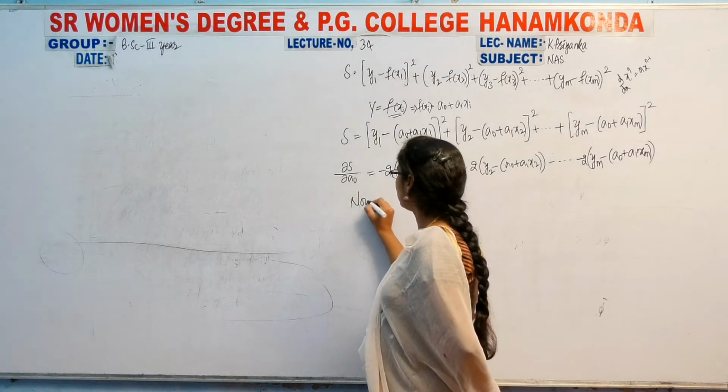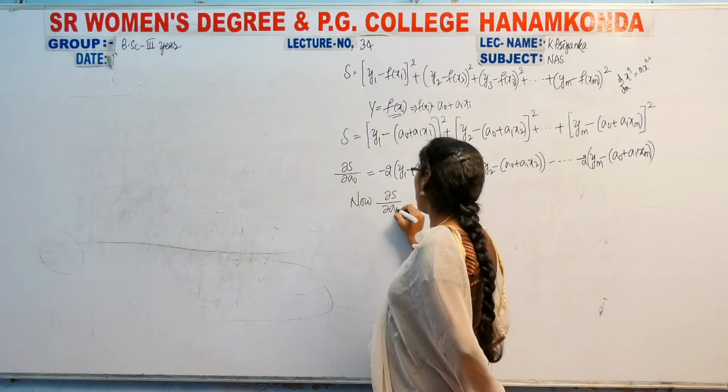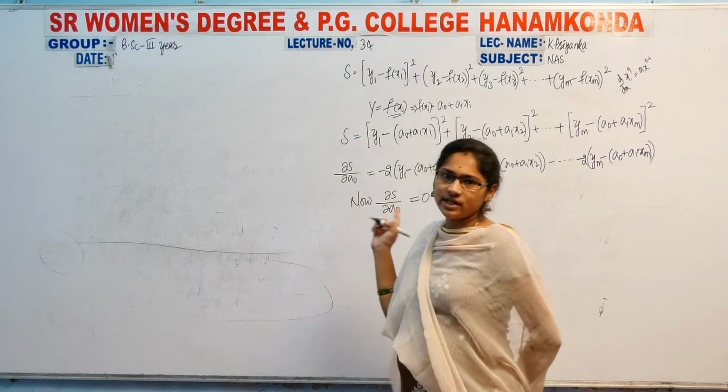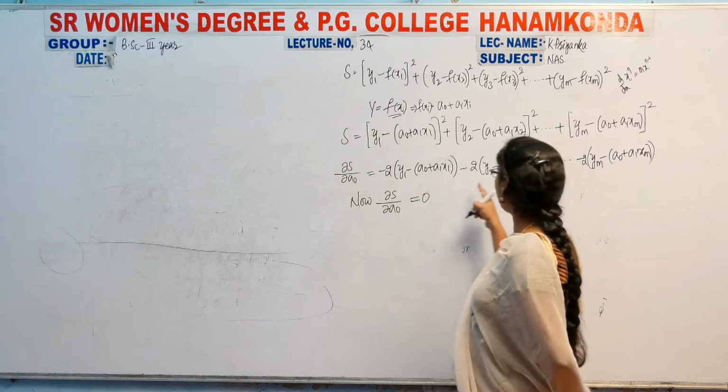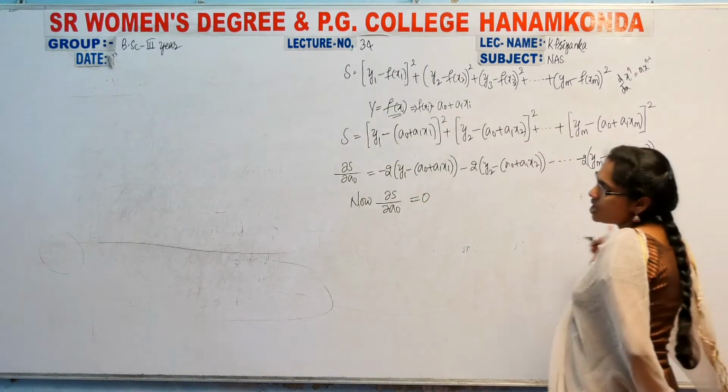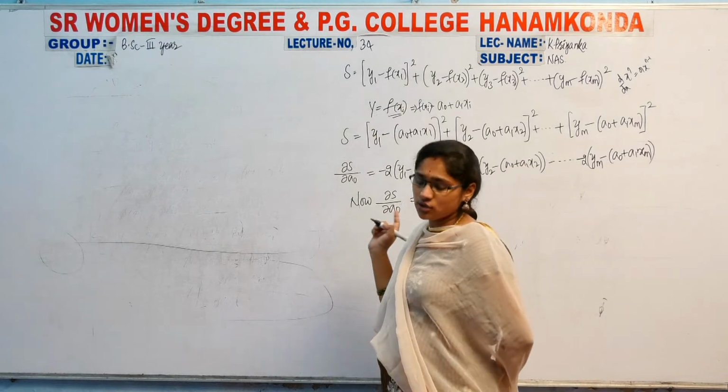Now dou s by dou a naught is equal to 0. So when it is equal to 0, from this we can take minus 2 common, obviously.